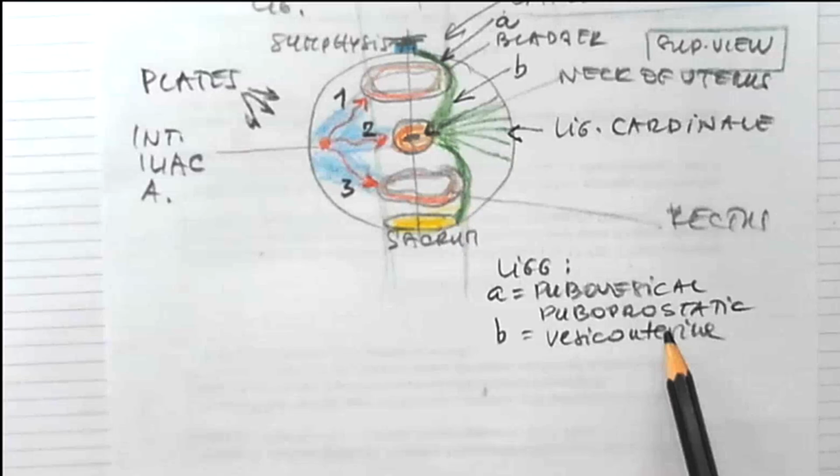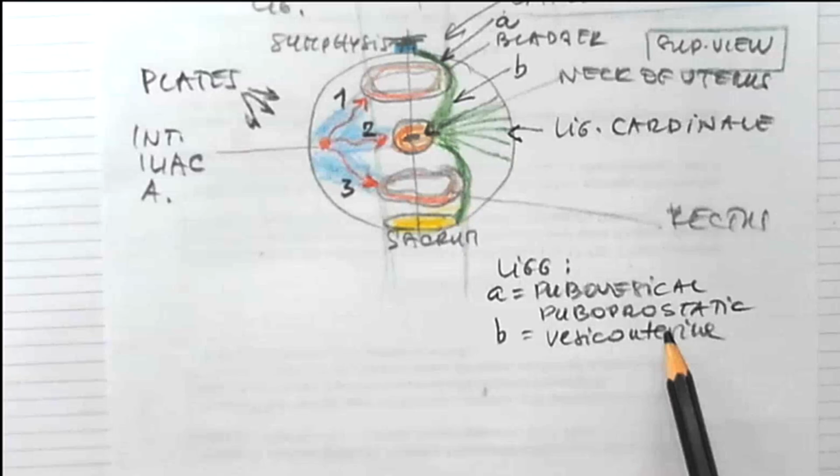Then sacrouterine. This is D, sacrouterine, and also rectosacral. That one is rectosacral, is the E, rectosacral. Sometimes they use also the opposite, sacrorectal.